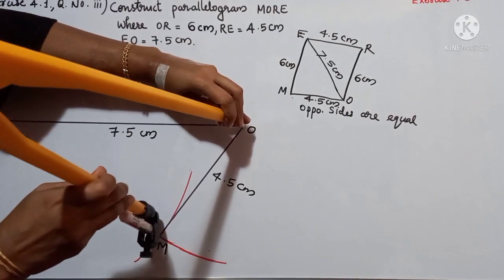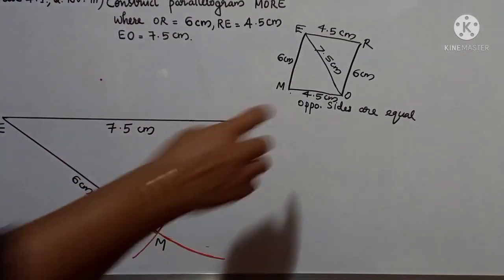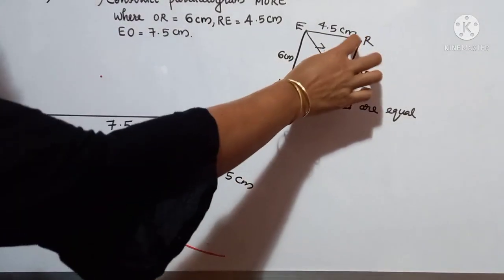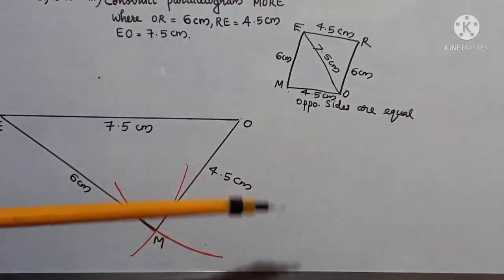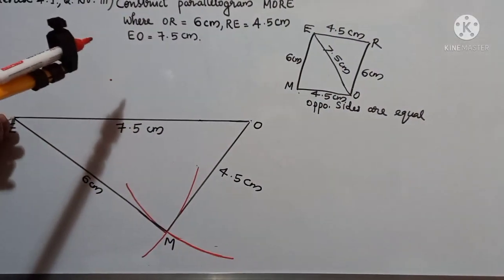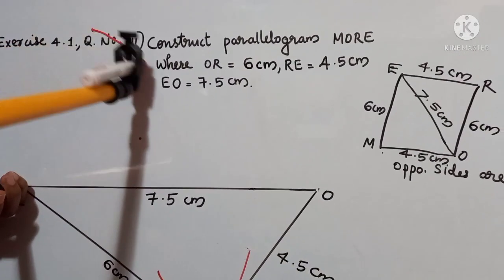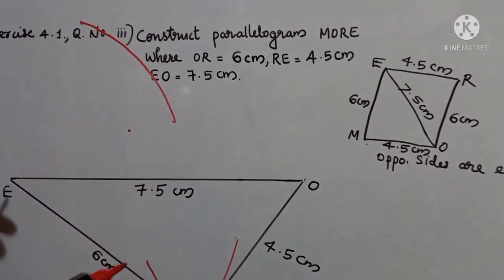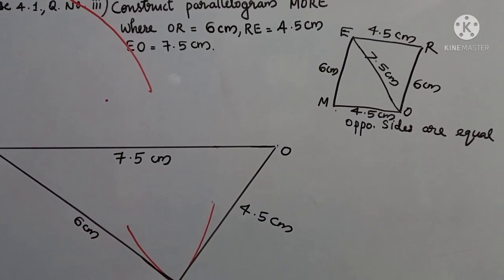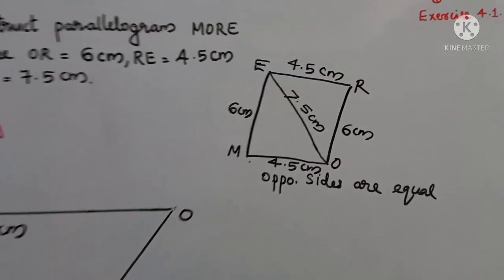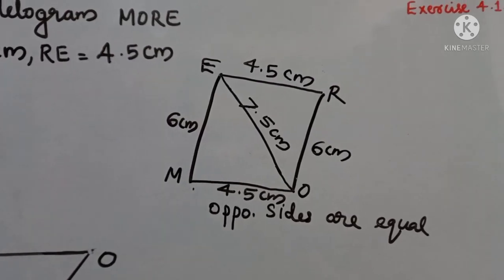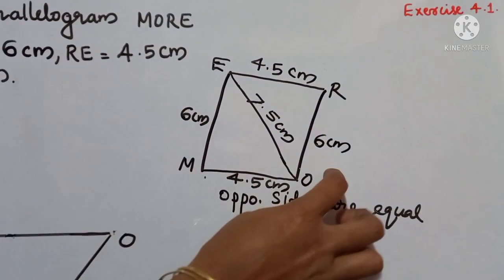That is OM is equal to RE. So we have to point it on E and draw an arc. And another one, EM is equal to OR. Here you see EM is equal to OR.